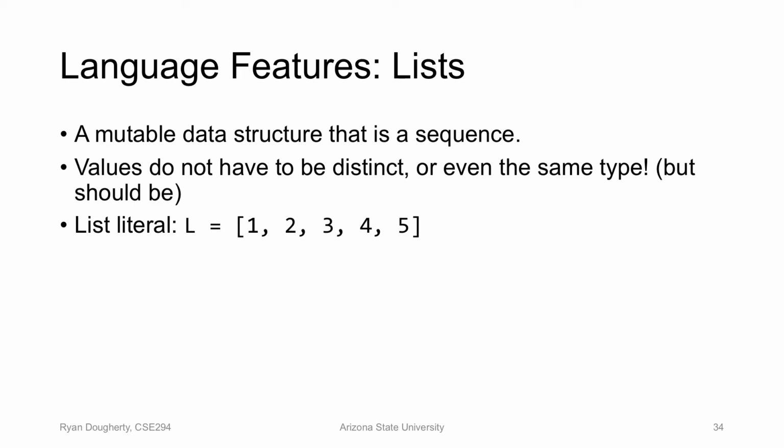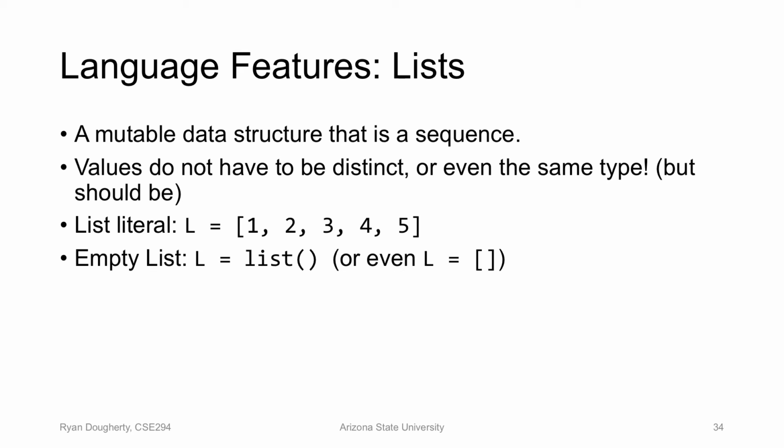They don't have to be the same type. So the way you write a list in Python explicitly is just using square brackets like you do in Java with comma separated values. But another way is calling the actual list constructor. So you just call list just like that, or you can specify an empty list with nothing inside the square brackets. It's exactly the same thing.